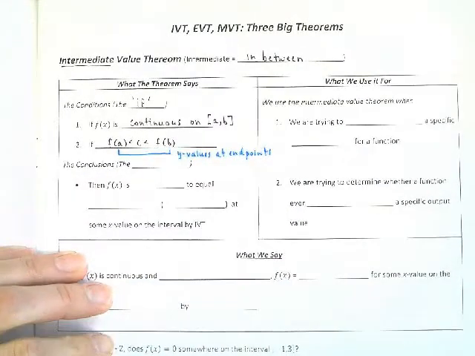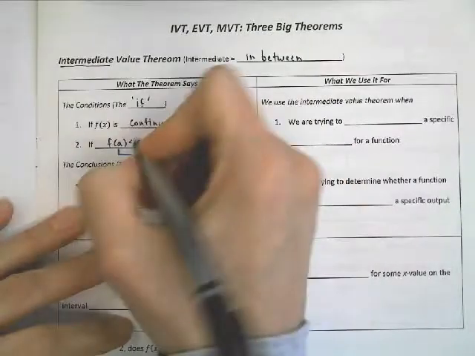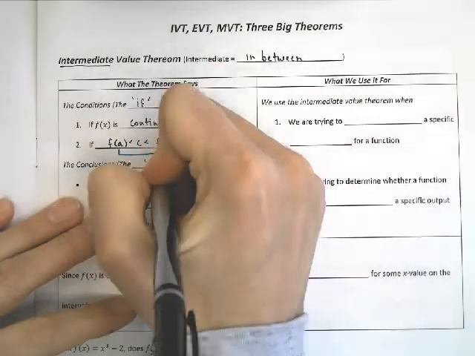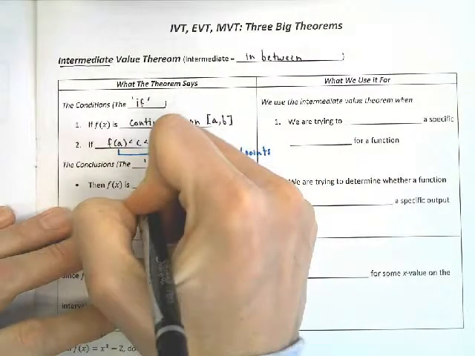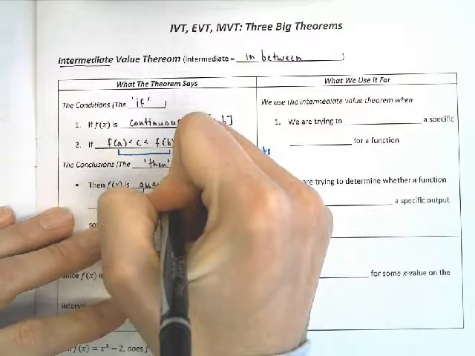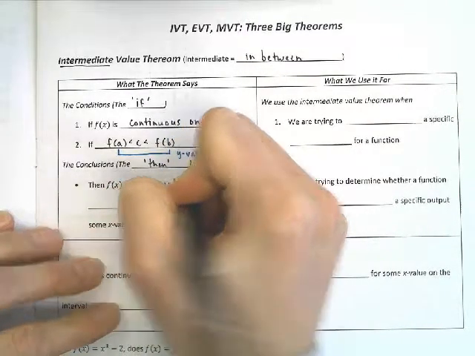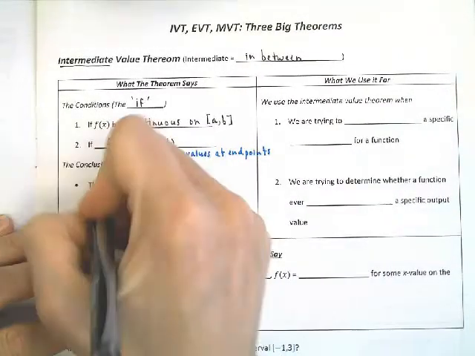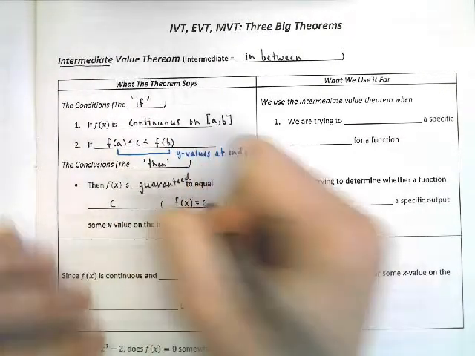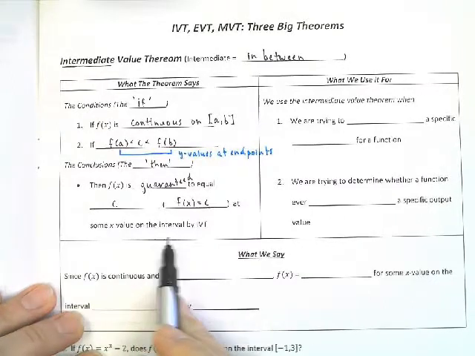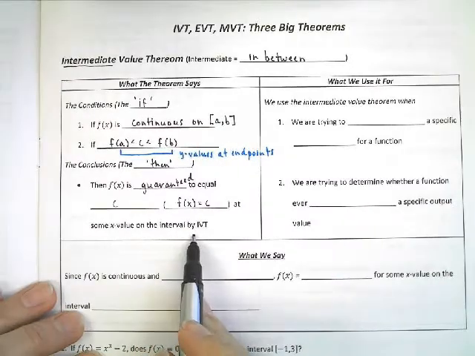Okay, so if I have those two conditions, then my conclusion, or the then, we can say f of x is guaranteed to equal c. So in other words, f of x will equal c at some x value on the interval by IVT.